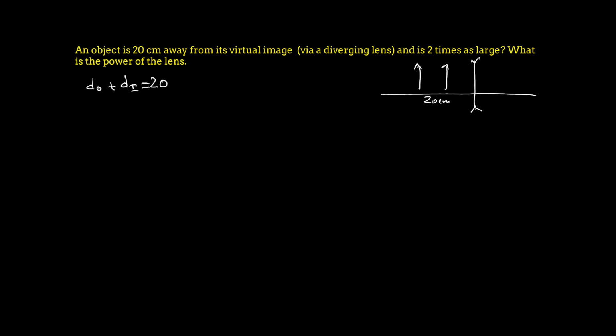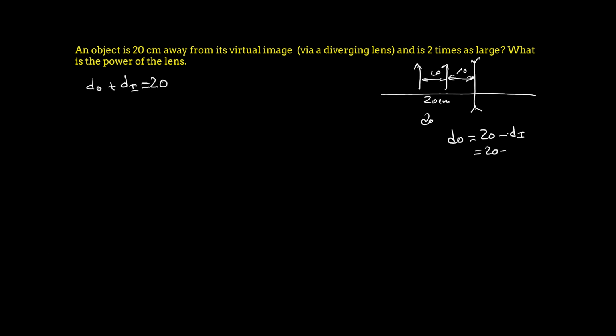So if you're not sure about this, let's just take, again, this to be 10, and the separation between them is 20. So we know that dO is at 30 centimeters. Right? So again, hypothetical, dO is 20 minus dI.